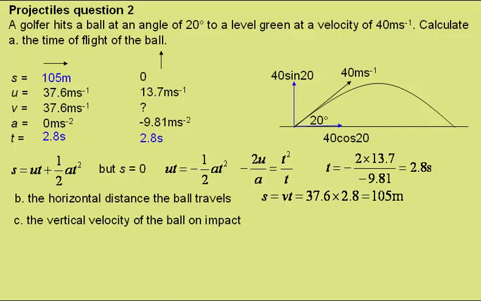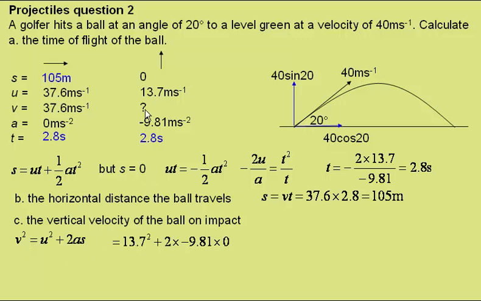Part C. Find the vertical velocity of the ball on impact. Well, here I'm going to use v squared is equal to u squared plus 2as, and putting in the figures we know, v squared is equal to 13.7 squared plus 2 times minus 9.81 times 0. So this term disappears, and we're left with v squared is equal to 13.7 squared.